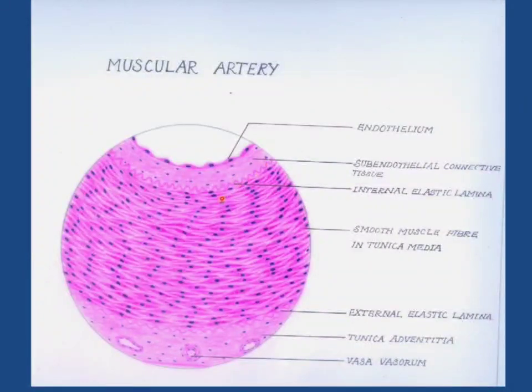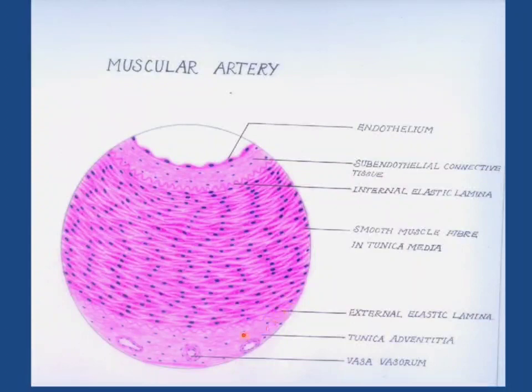The tunica media, which is thick in the muscular artery, mainly contains the smooth muscle fibers with few elastic fibers which are arranged concentrically, and this tunica media is limited outside by the external elastic lamina, which is made up of elastic fibers, and this layer will be fenestrated.